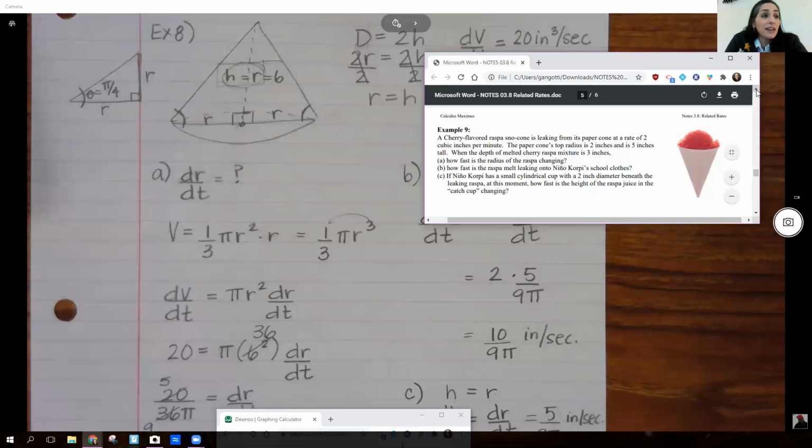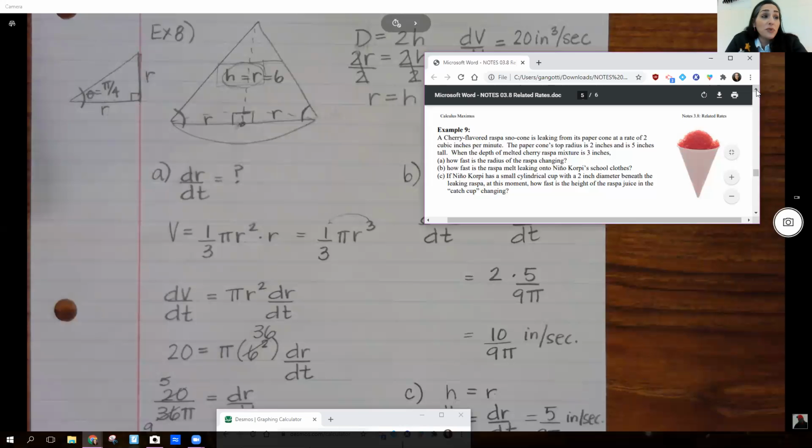Snow cone is leaking from its paper cone at a rate of 2 cubic inches per minute. The paper cone's top radius is 2 inches and is 5 inches tall. When the depth of the melted cherry raspa mixture is 3 inches, part A, how fast is the radius of the raspa changing?